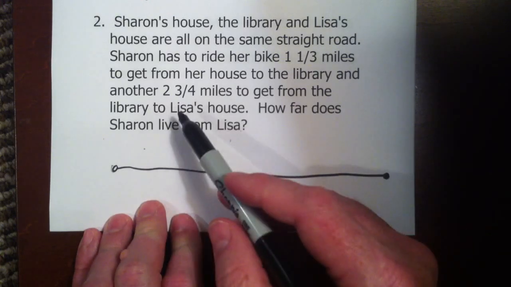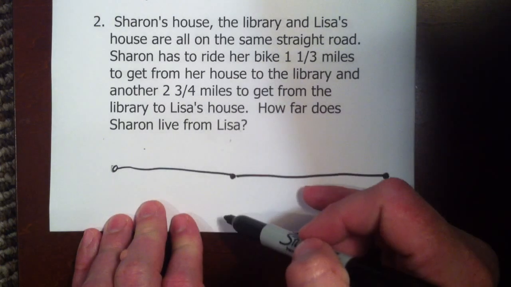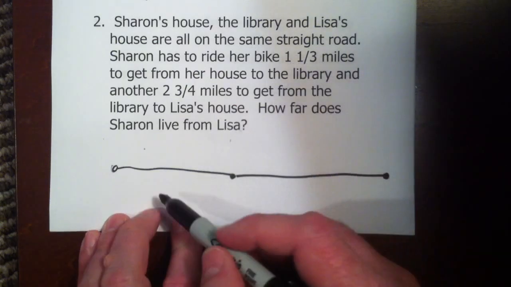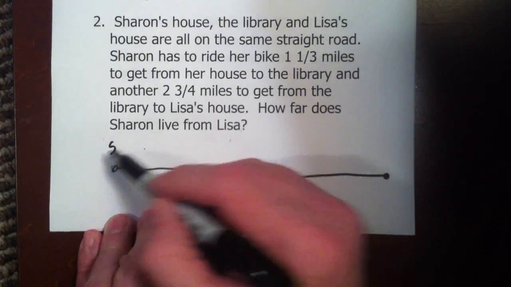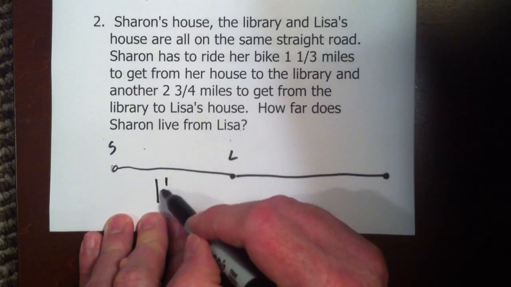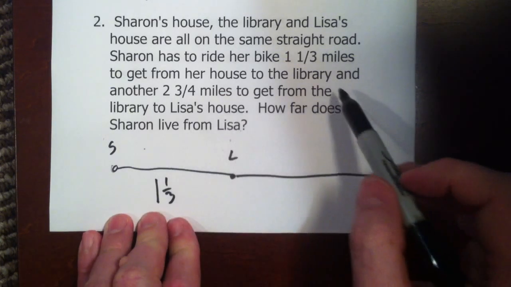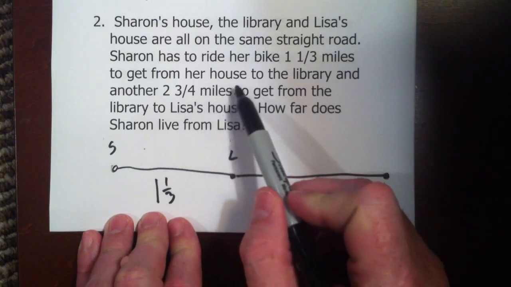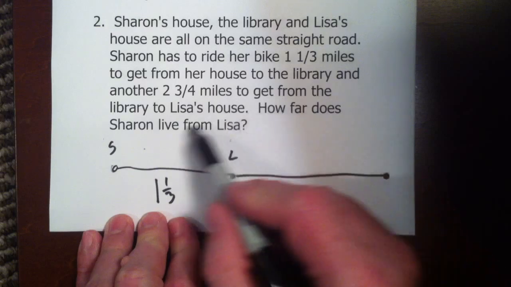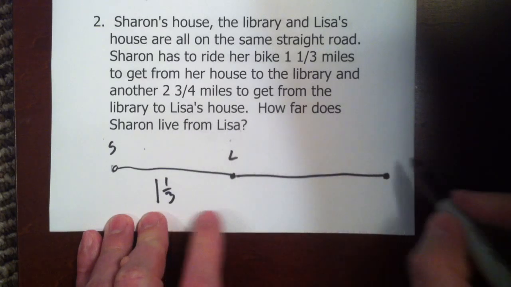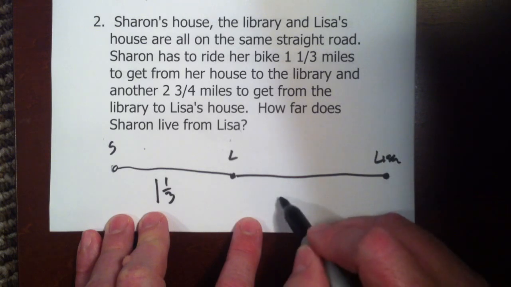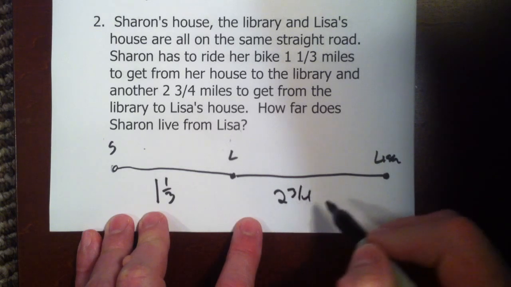Sharon's house, the library, and Lisa's house are all on the same straight road. 1 and 1/3 miles between Sharon's house and the library, and another 2 3/4 miles from the library to Lisa's house.